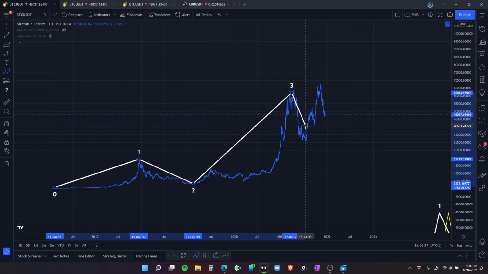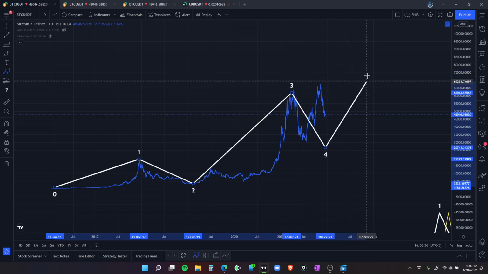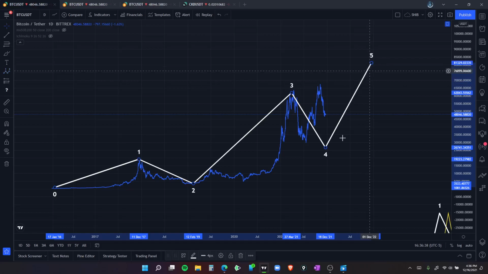Some of us think that this is a wave 5 headed up. Some people think that this is actually a weird wave 4 that's heading down before we go up to 5. A lot of people are wondering, and this really had me weirded out too, that if this is wave 4, why is it trading up here above the peak of wave 3?